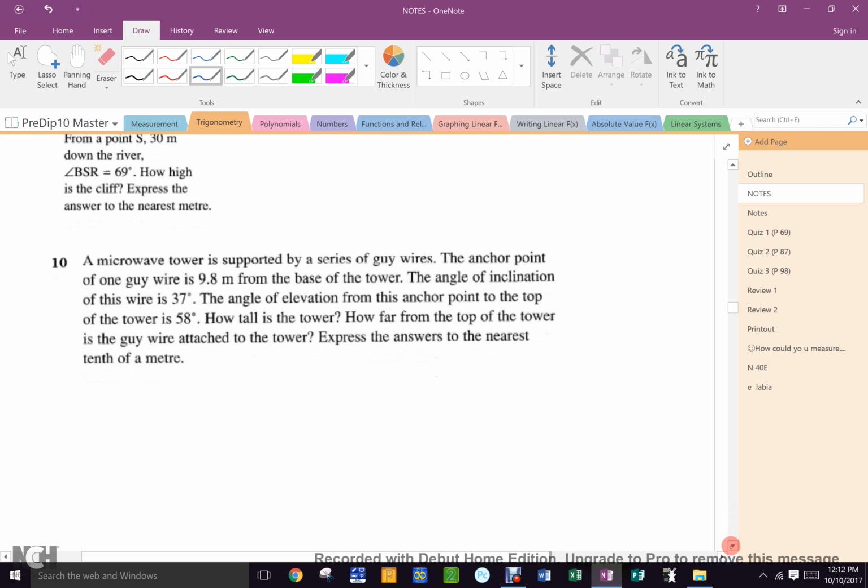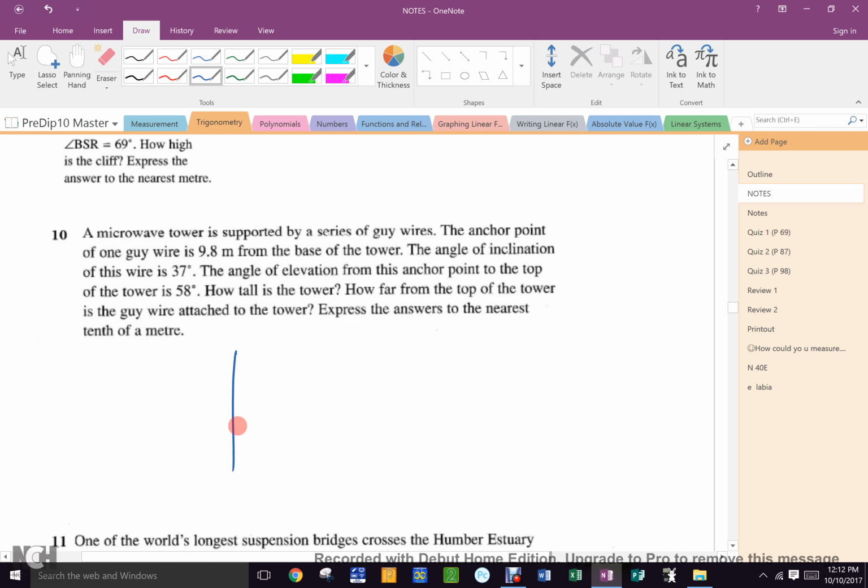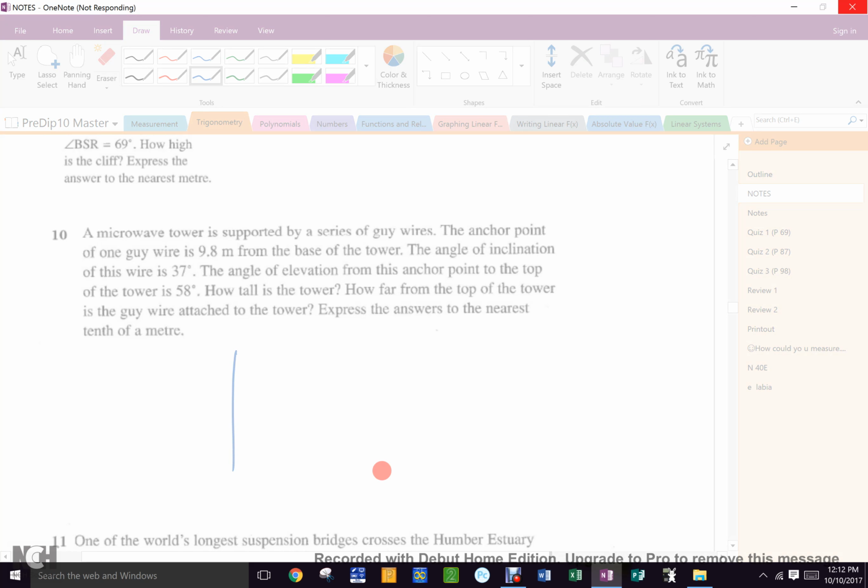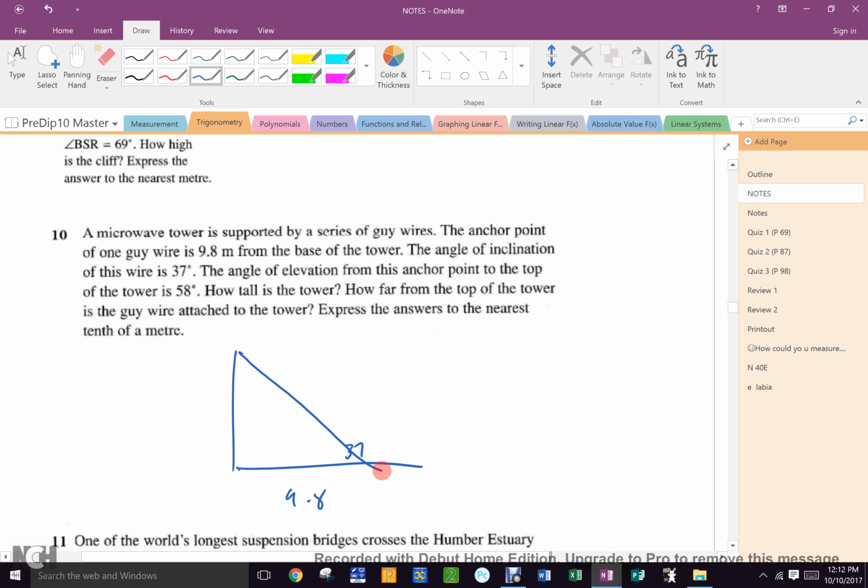Guy wire question. The anchor point of 1 is 9.8 away. The angle of inclination is 37. The angle of elevation to the top is 58.